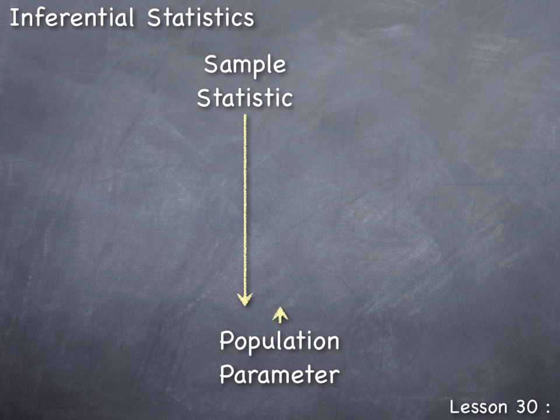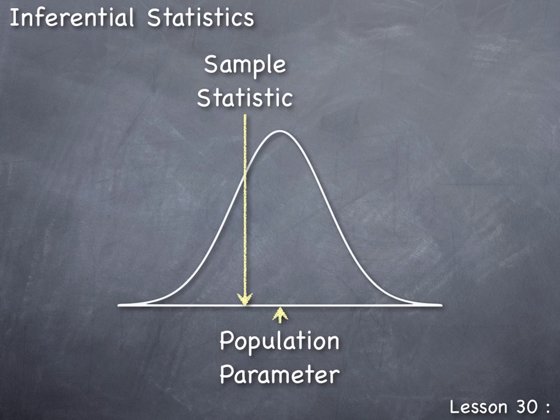But you must be careful when making this sort of conclusion because, for instance, if the population parameter in the hypothesis is the mean, mu, and the corresponding sample statistic is the sample mean, x bar, we know that the central limit theorem tells us that the distribution of the sample mean x bar follows a normal distribution.